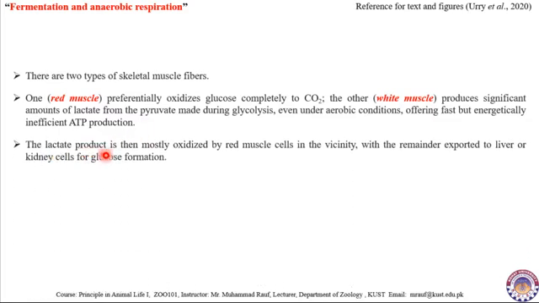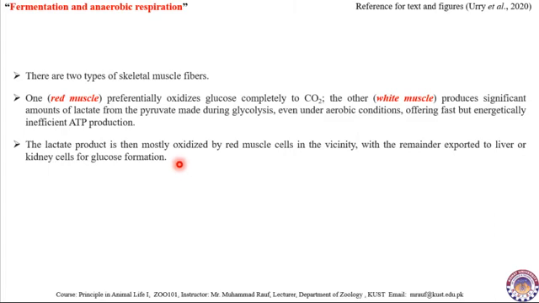The lactate product is then mostly oxidized by red muscle cells in the vicinity. So when the lactate is produced by white muscles, the red muscles which lie around the white muscles oxidize this lactate, with the remainder exported to liver or kidney cells for glucose formation.